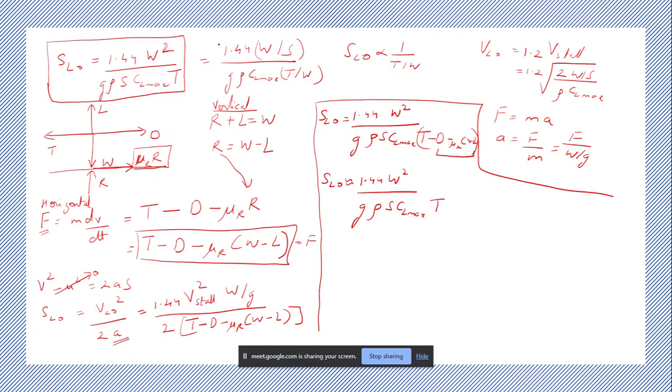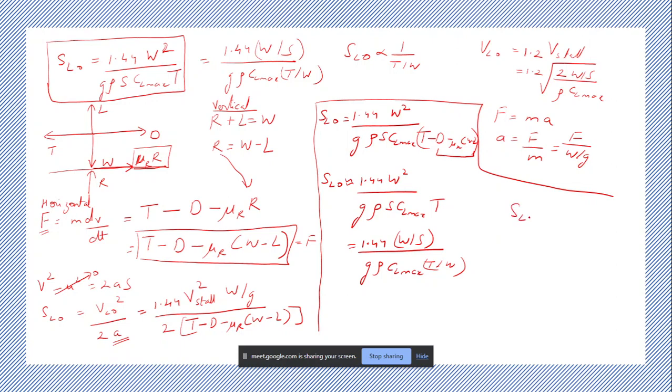And we write it in a neat form in this way. So that is 1.44 W by S, that is the wing loading, over G rho CL max and thrust loading. I missed an S here, oh no, sorry, S, we took it above.